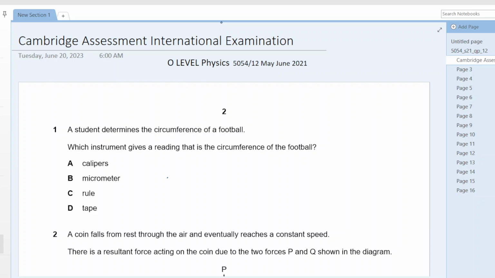But a tape gives the circumference directly. Therefore, answer 1.